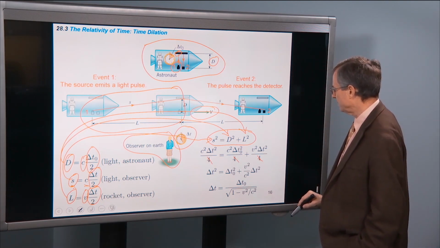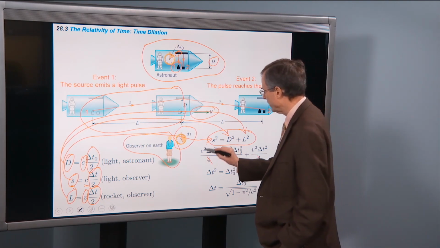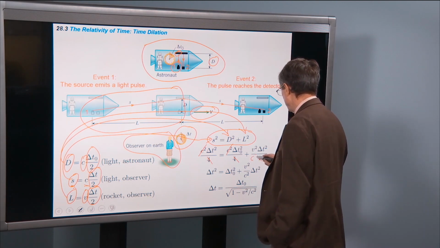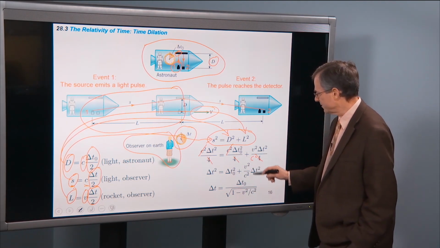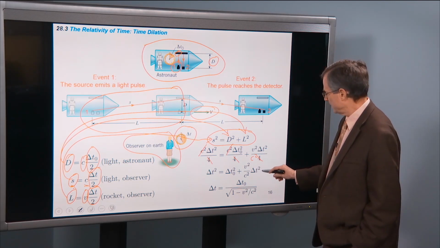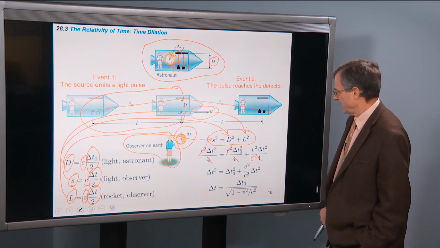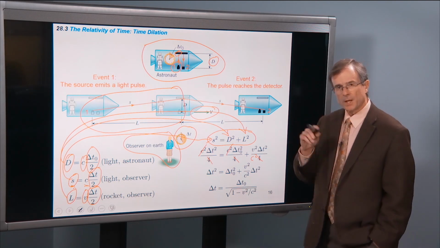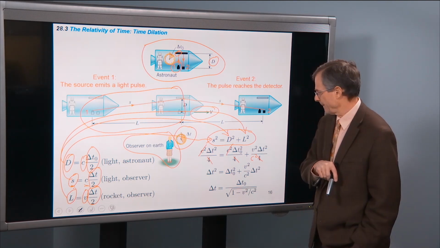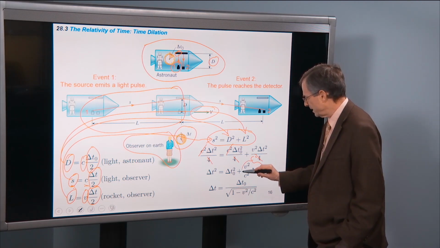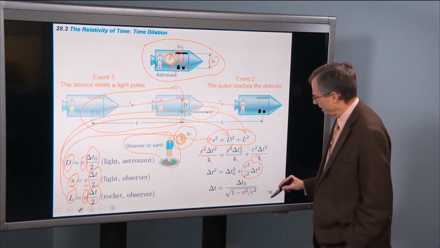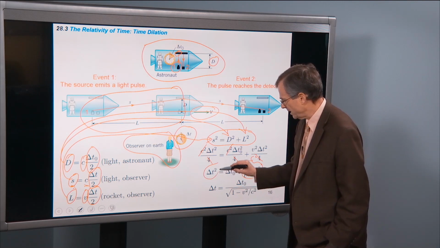And we can divide by c squared, which gives us delta t squared is delta t naught squared plus v squared over c squared delta t squared. And what we're interested in doing is solving for delta t as a function of delta t naught. Well, here's a delta t squared, and here's a delta t squared.